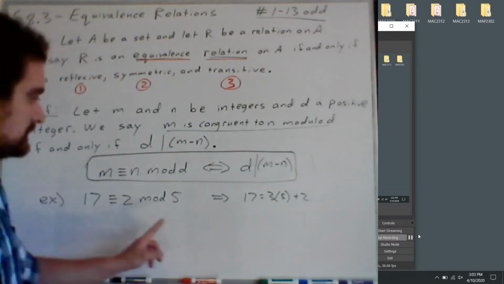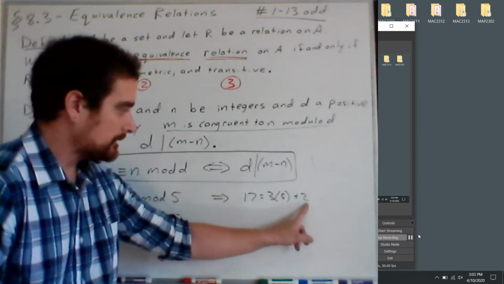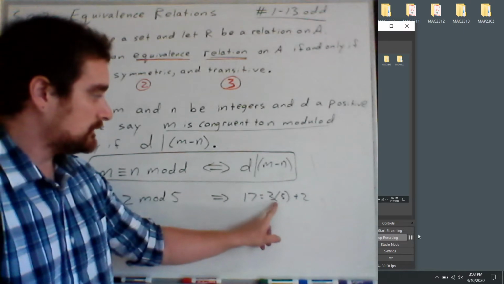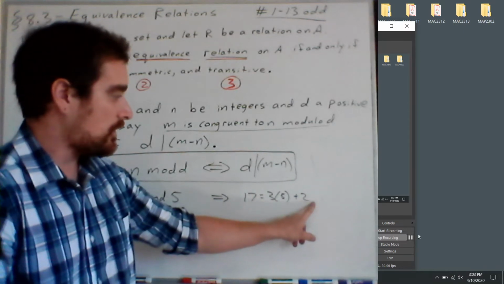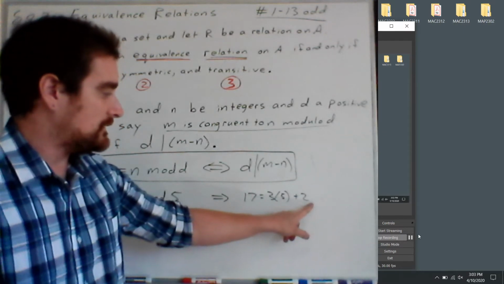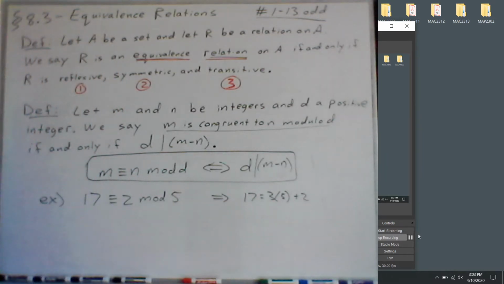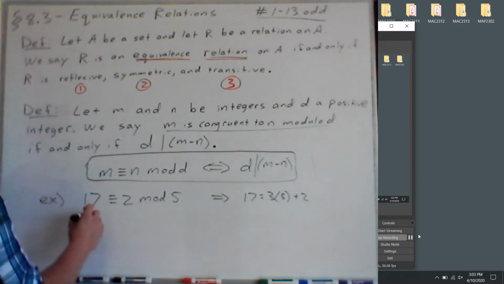So this 2 is the remainder that's left over. We've seen this before when we did m equals q times n plus r, our remainder. We called the remainder r. We called this the quotient q. So we looked at this divisor stuff a little bit before.